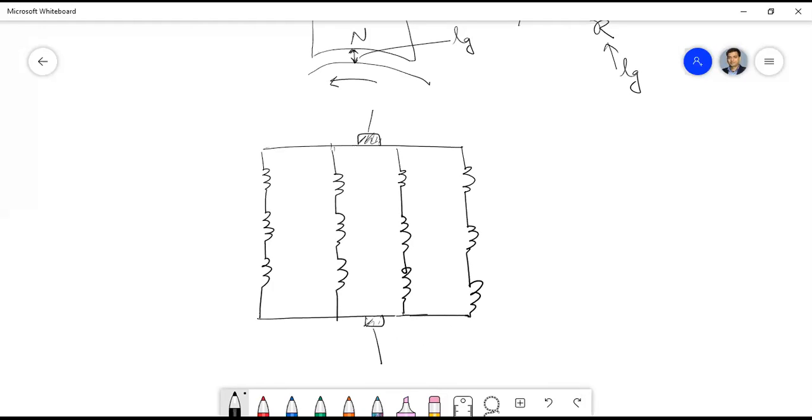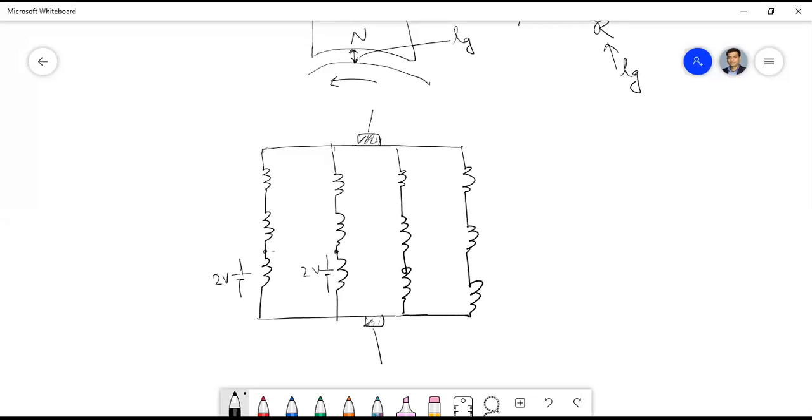Now, what the equalizer connection does is it joins two points in two different parallel paths which are supposed to be at the same voltage. Suppose this particular coil is supposed to generate 2 volt, and this coil also will generate 2 volt.